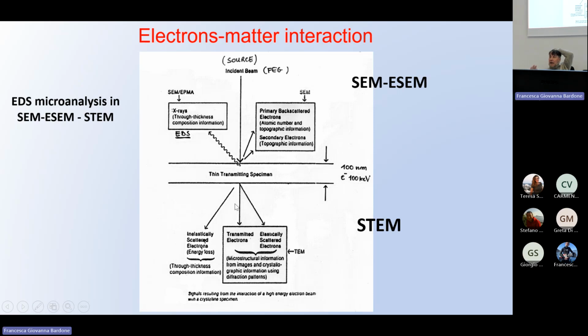But remember, it's not light. The specimen interacts very strongly with electrons. So the specimen, to be transmitting, has to be very, very, very thin, at least below 100 nanometers. If not, the specimen is too thick and there is no transmission.